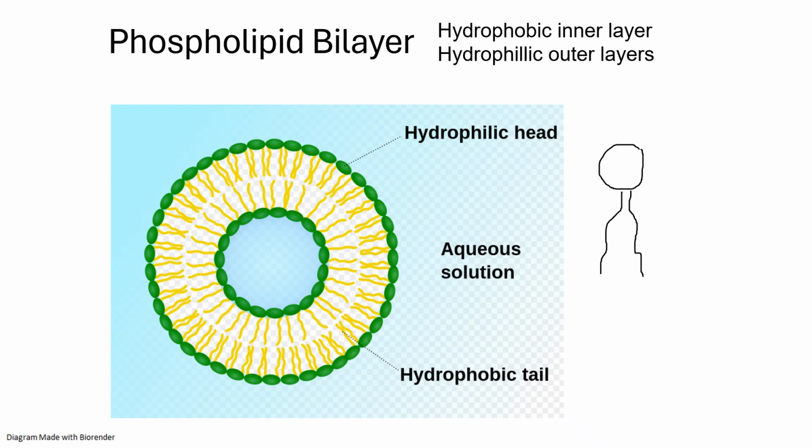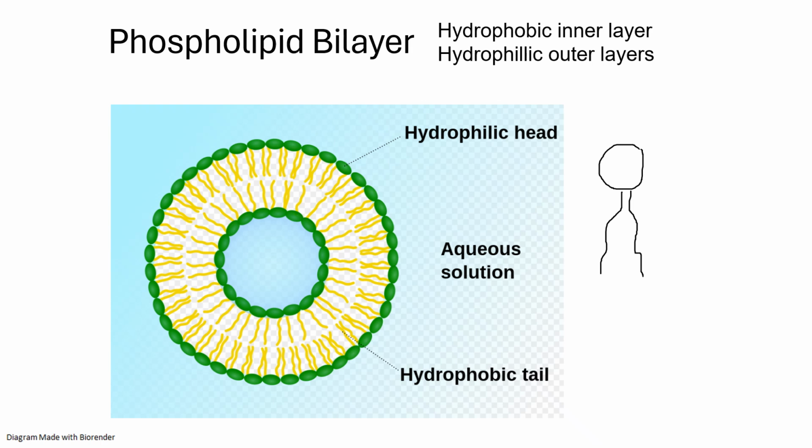Arranged into a cell membrane requires the phospholipids to line up in two layers. But for each layer, the polar heads are facing either the aqueous inside or outside of the cell, and this creates an area where the nonpolar tails are all concentrated.